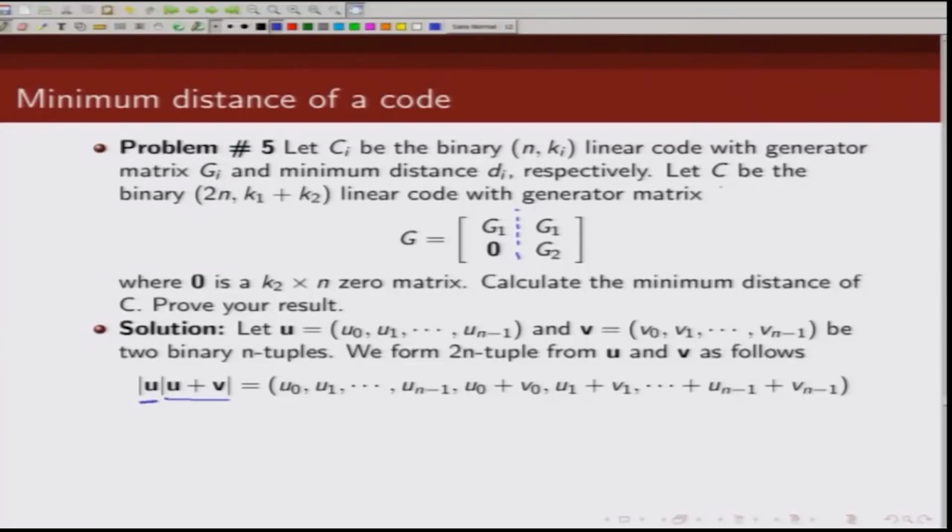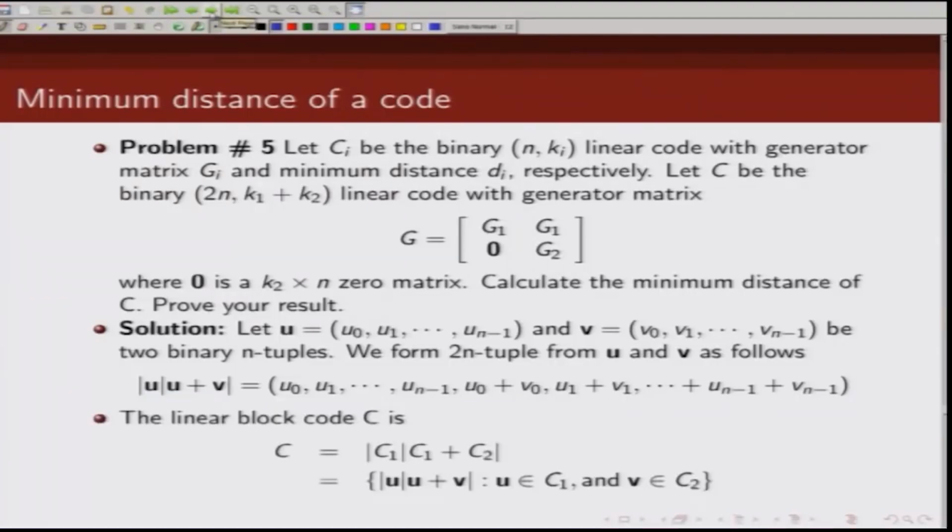So, this 2n length code word will be of the form where the first n bits are u0, u1, u2, up to un minus 1, and the next n bits are u0 plus v0, u1 plus v1, and so on.